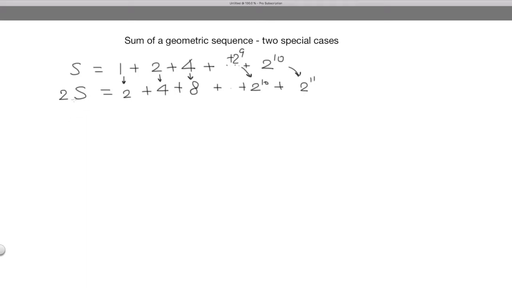I'm taking a difference between these two equations. Left side, 2S minus S equals S. So if I call this equation 2, this is equation 1, I'm doing second equation minus the first equation. What I get is the left side is 2S minus S equals S. The right side equals, I'm going to just write down 2 plus 4 plus 8.